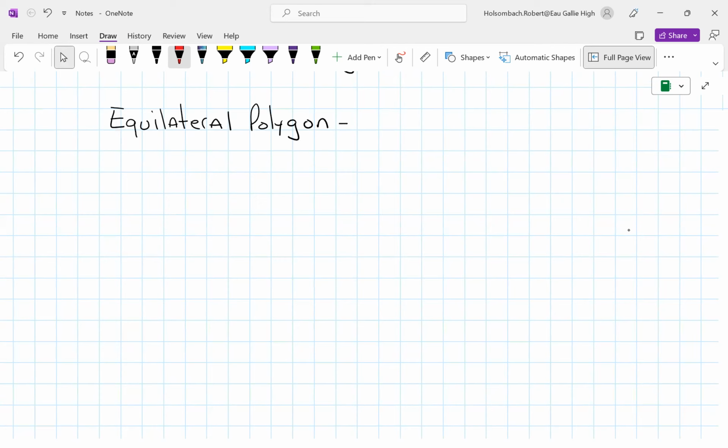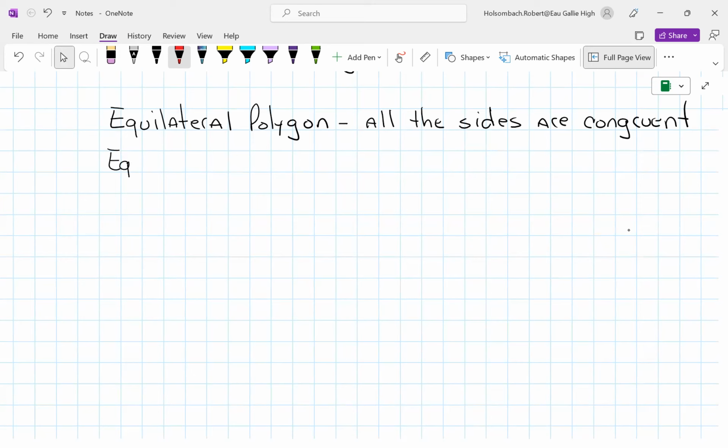In an equilateral polygon, all the sides are congruent. All the sides are the same length.